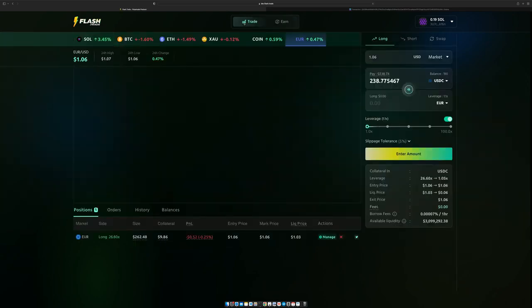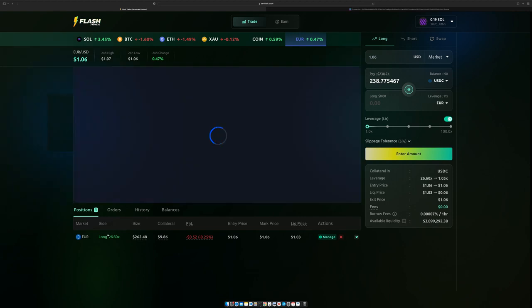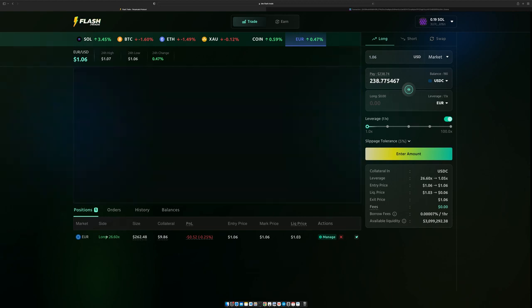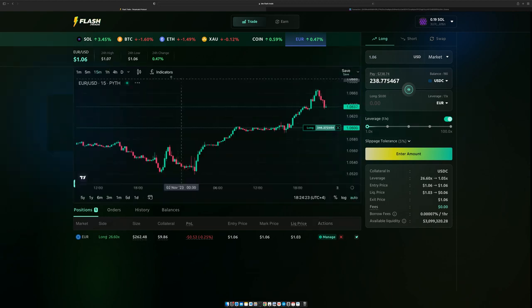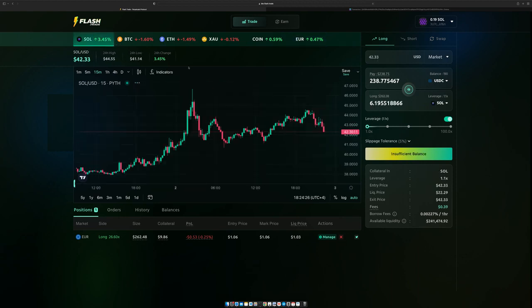You see I have a position open longing euro, or pseudo-longing euro, and let's go and long some Sol. Prefer round numbers. And we at Flash Trade offer up to 100x leverage. So let's go with 100x leverage long on Sol.